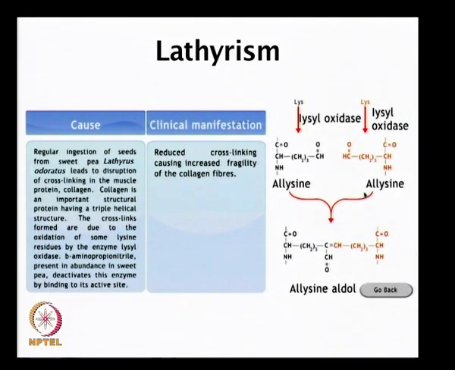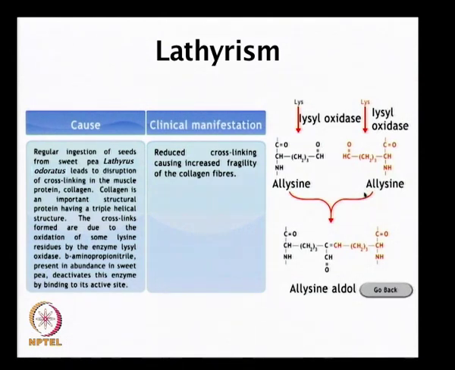Lathyrism. The cause is regular ingestion of seeds from sweet pea, Lathyrus odoratus, which leads to disruption of cross-linking in the muscle protein collagen. Collagen is an important structural protein having a triple helical structure. The cross links formed are due to the oxidation of some lysine residues by the enzyme lysyl oxidase.